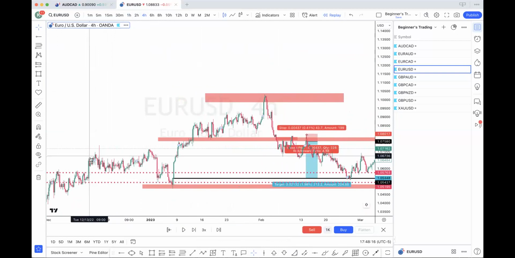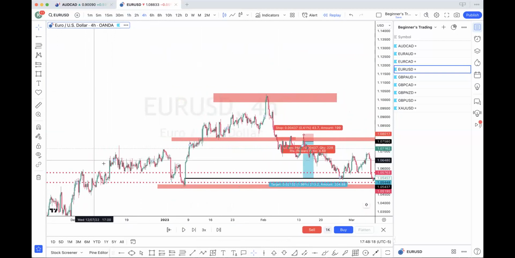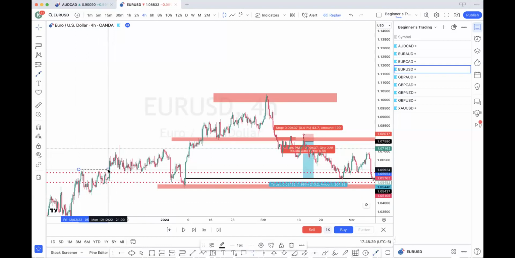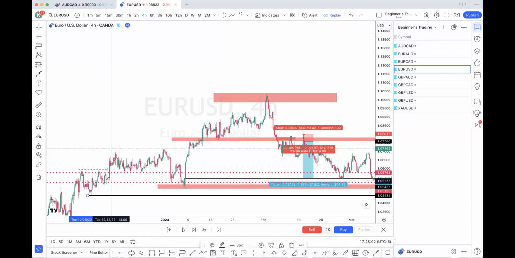So we had this push up. However, what do you see? This violated order block was not the swing low. So we have this break of structure here. So that means everything above this, below this line until you get to a swing is the swing low. So although it violated this order block, it did not break the swing low.